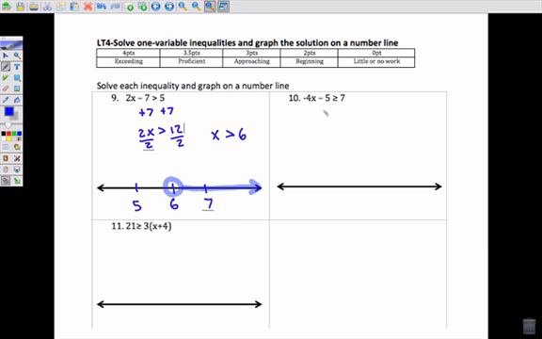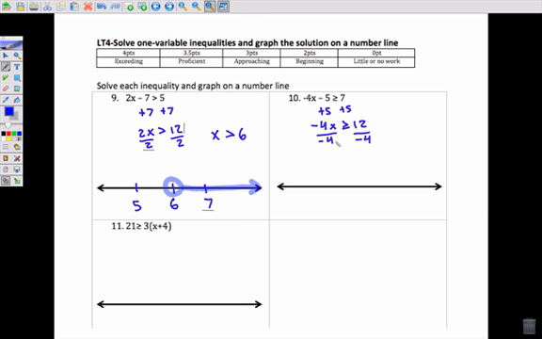For number 10 over here, start with just the basic addition property of equality, these kind of steps for solving. The one thing that's a little bit different about this one is I'm dividing by a negative here.